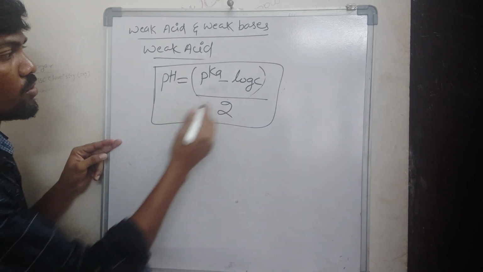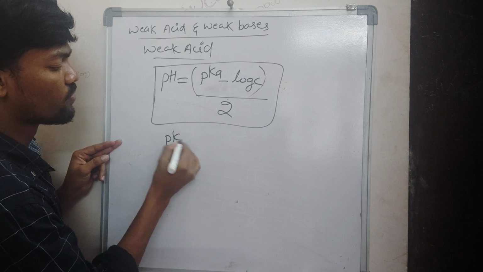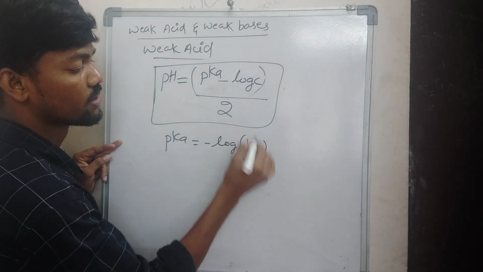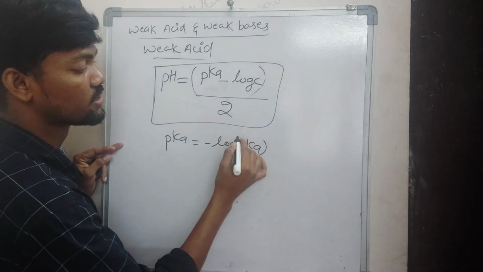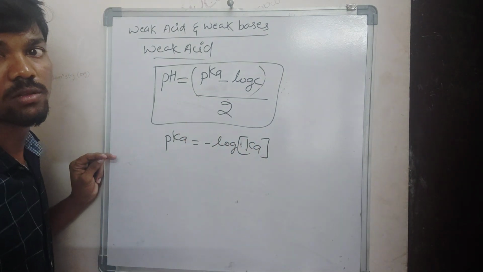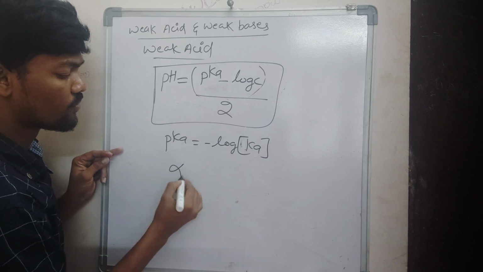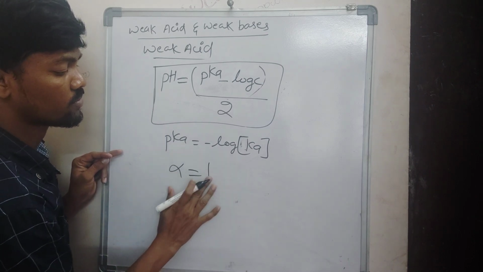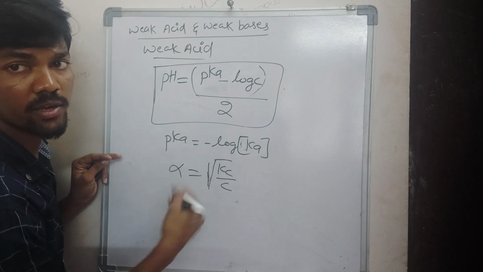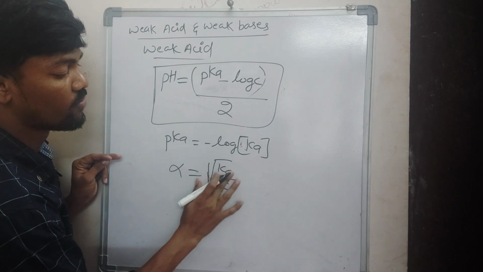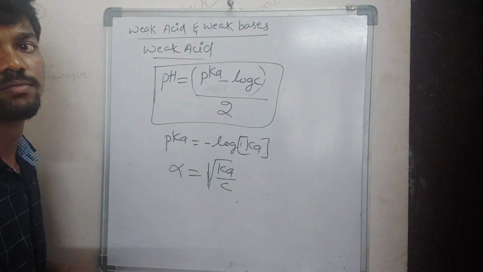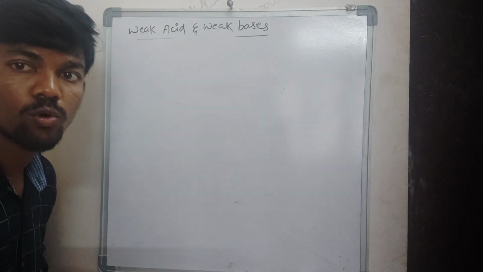If you want to find the pK value, pKa is minus log Ka. You know that, if Ka is given. I already told you alpha is equal to root of Kc by C. If it is an acid, we can write it like this, root of K by C. Understand?